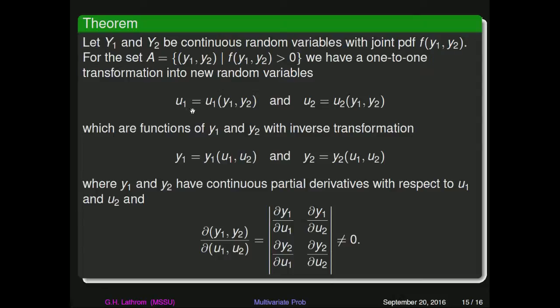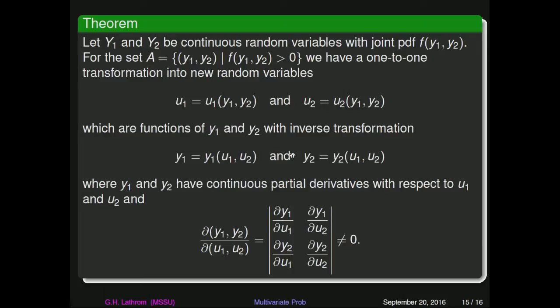U sub 1 is a function of Y sub 1 and Y sub 2, and U sub 2 is some other function of Y sub 1 and Y sub 2. And these functions are invertible. So there is the inverse transformation.